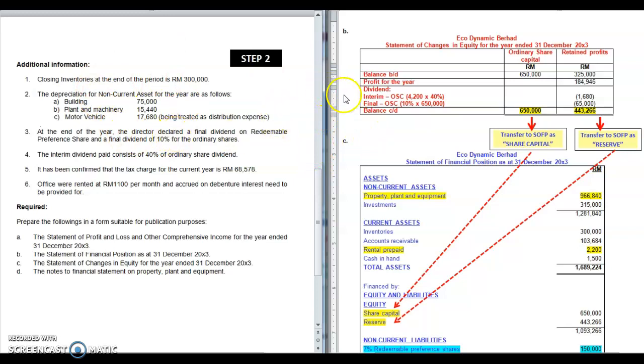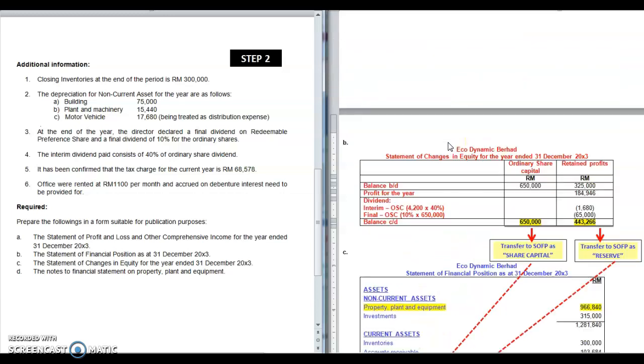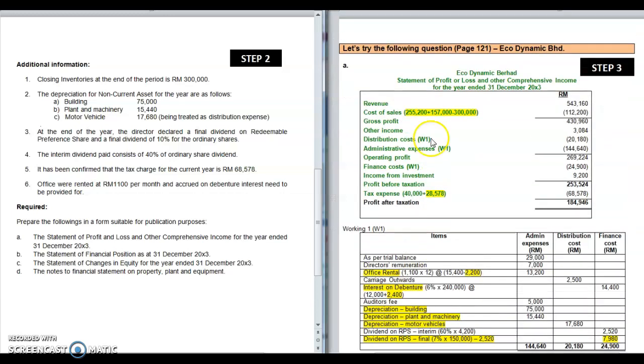Okay, but before that, in part 1, we have already prepared the statement of profit or loss. Do you still remember? In the statement of profit or loss, after we match all the revenue and expenses for the year, we derived the profit after tax. So this is the profit for the year, amounting to 184,946 ringgit. How to report this profit?